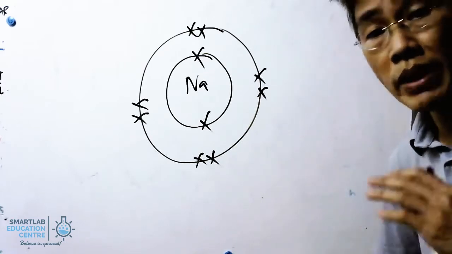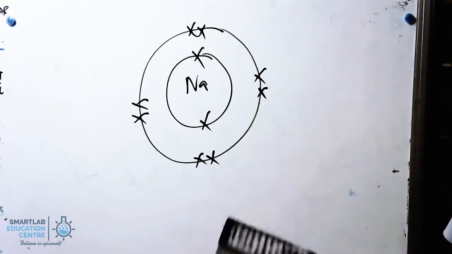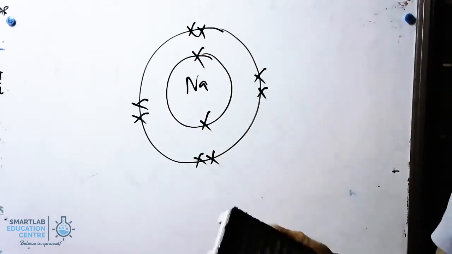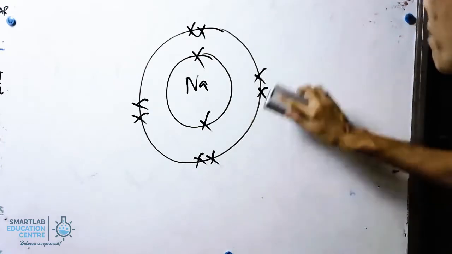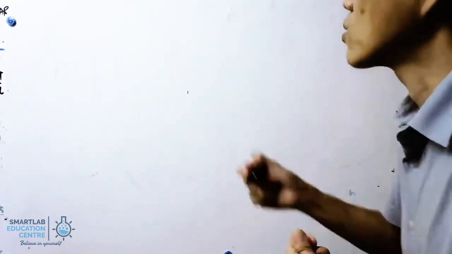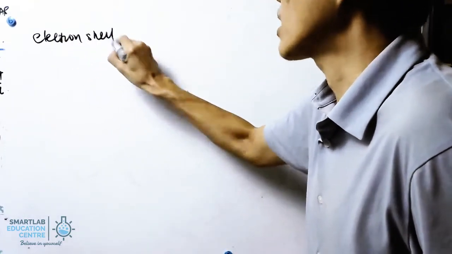And based on this concept itself, you will find that at the A level, we will expand it by discussing how electron shells can be organized into subshells, and from subshells into orbitals. All right. So be familiar that we start off by looking at the electron shell.